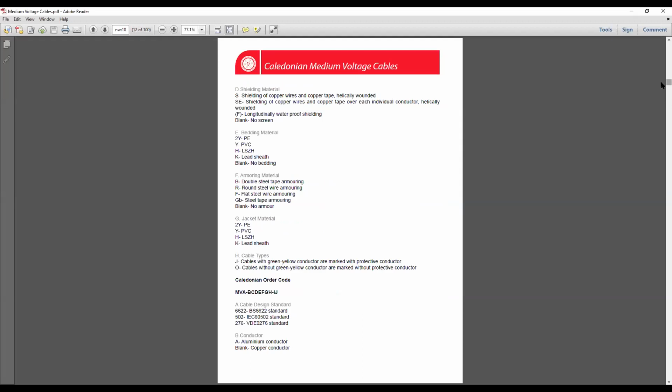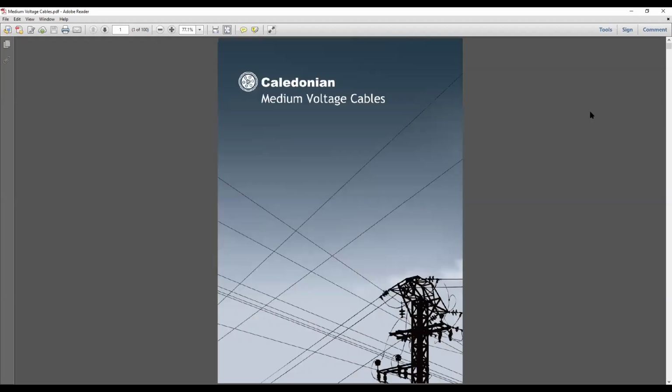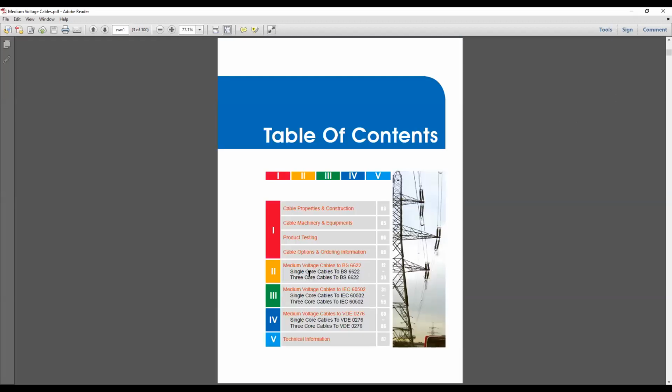In this manual, I said we can have two standards: DS 6622 and IEC 60502. These two are approved by CEB. I do not know about the other standard, but I found details on the CEB website saying they are approving these two standards.